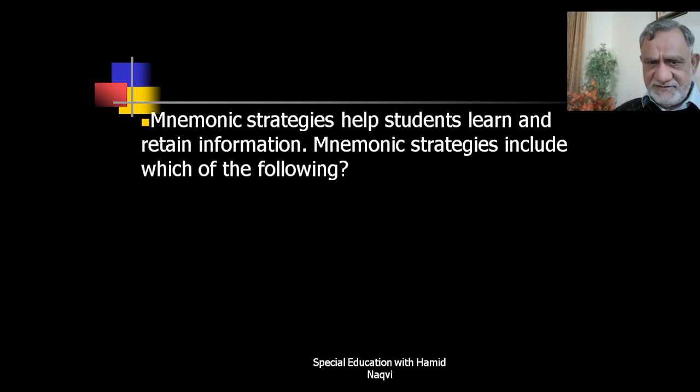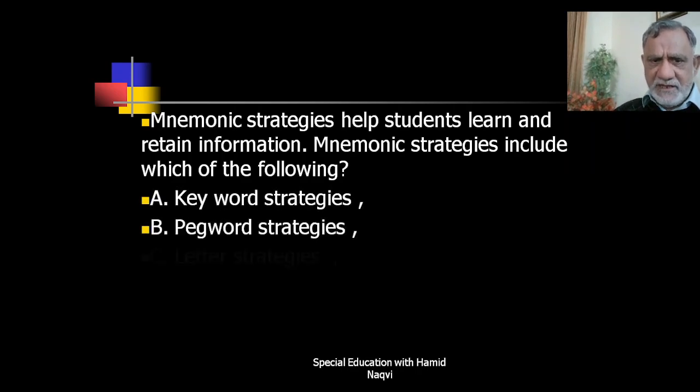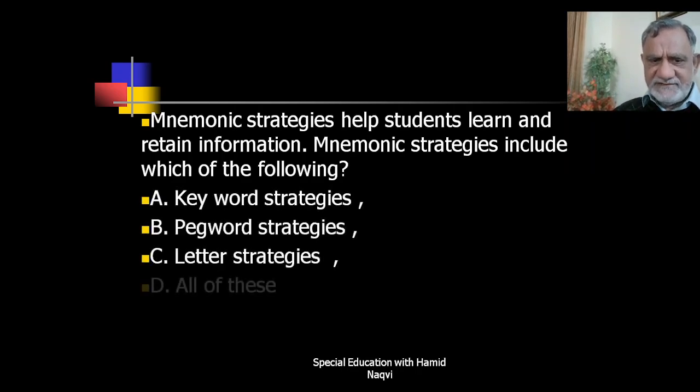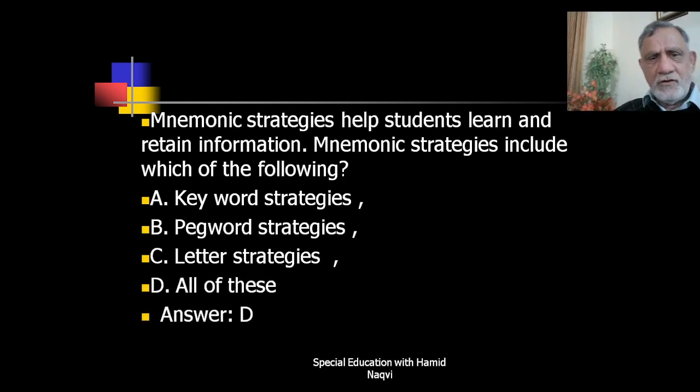Mnemonic strategies help students learn and retain information. Mnemonic strategies include which of the following? Keyword strategies, peg word strategies, letter strategies, or all of these? The answer is all of these are mnemonic strategies.